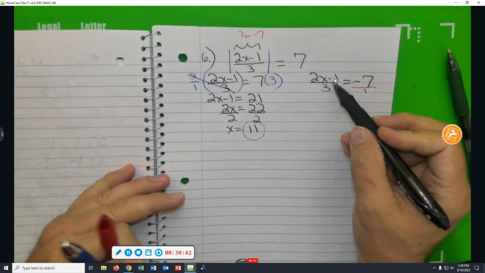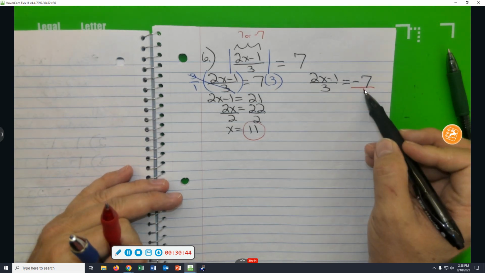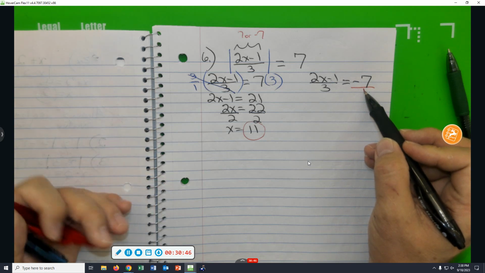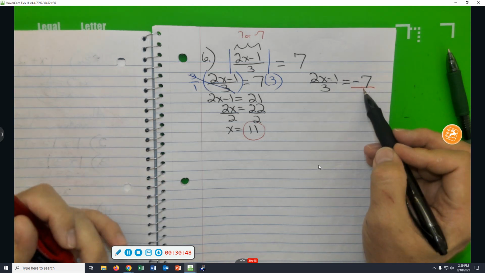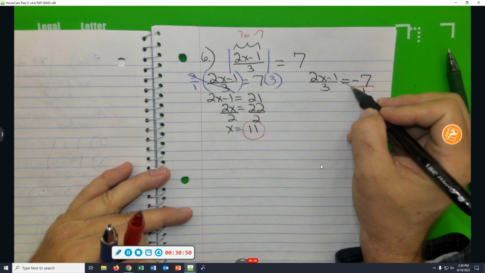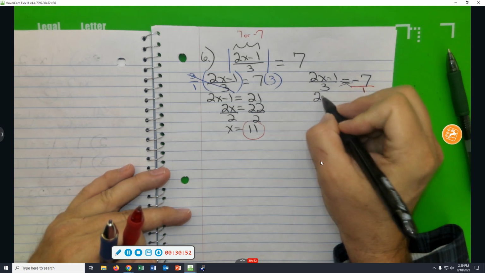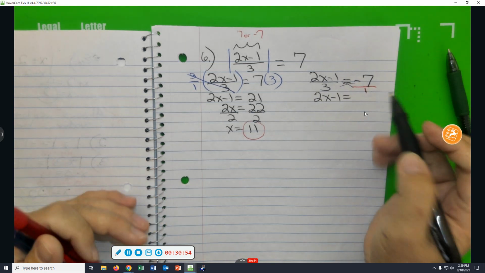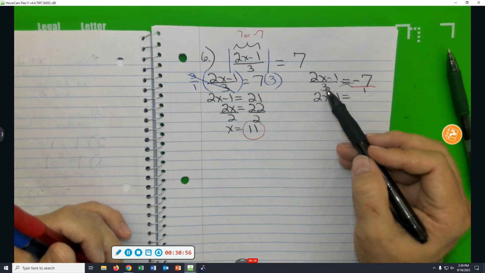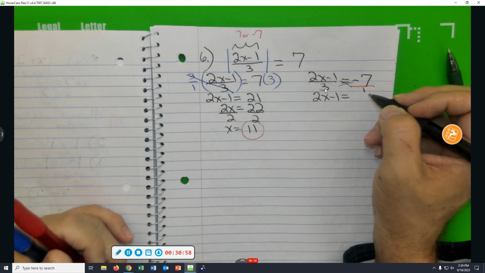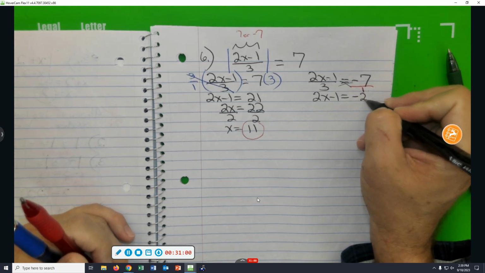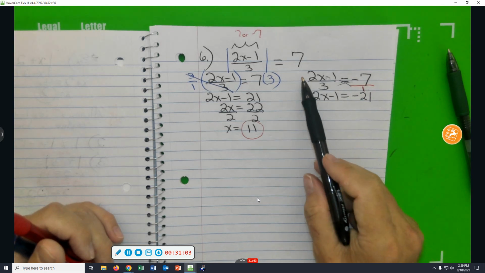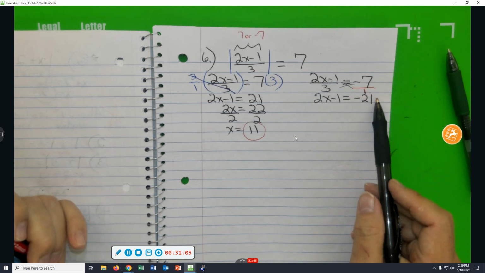So you go 2x minus 1 times 1, that's easy. 2x minus 1 times 1 gives me 2x minus 1. Then negative 7 times 3 gives me negative 21. If we had just multiplied by 3 on both sides, we'd still be at the same step.